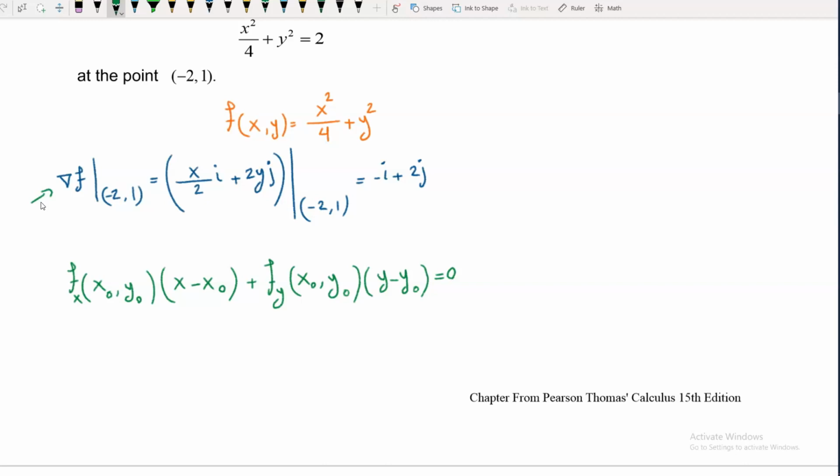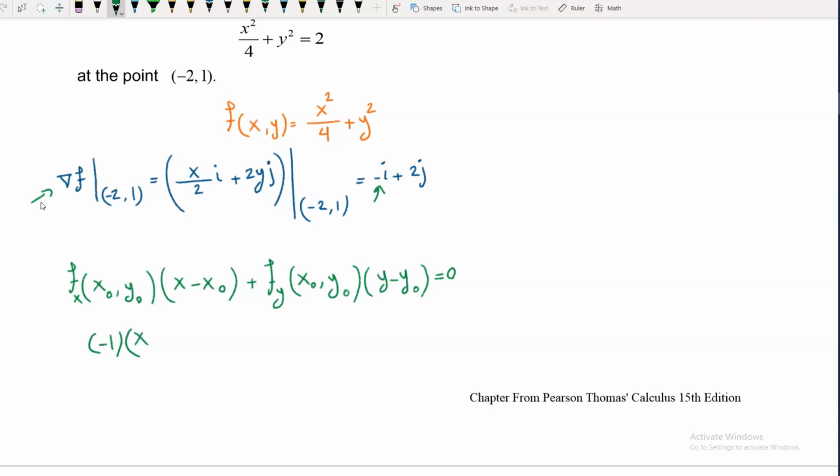So based on what we have here, the partial derivative with respect to x at (x naught, y naught) is negative 1, which is this part here, times x minus x naught.